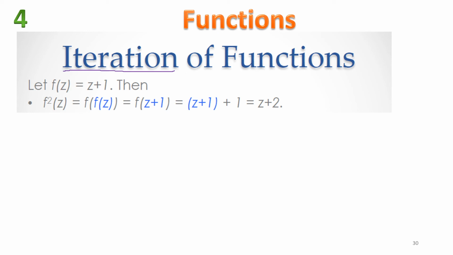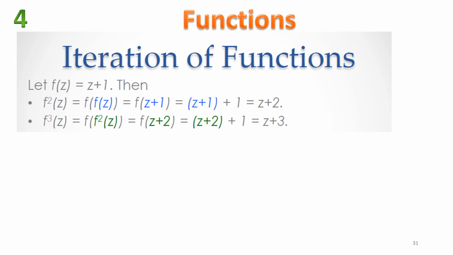So f of z is basically z plus 1, so I want to replace this f of z by z plus 1. Then we have to again find the function f of z plus 1. So the variable now is z plus 1, and plus 1 when added to that makes the complete function. So in all it will be z plus 2.